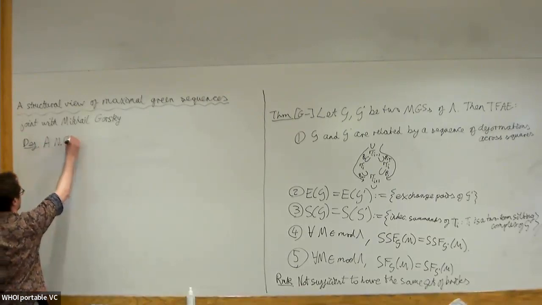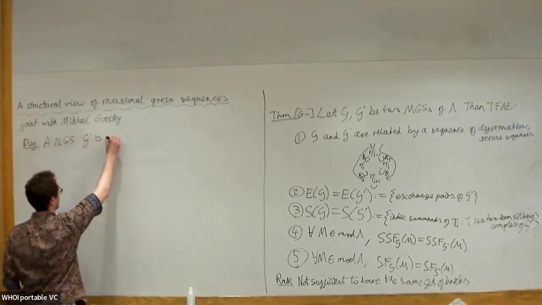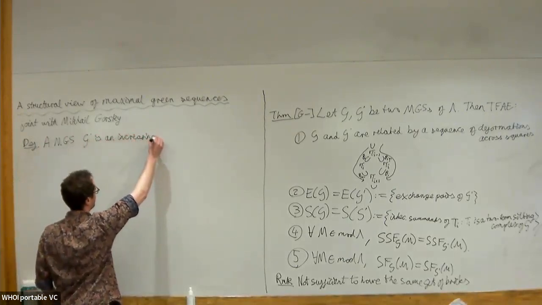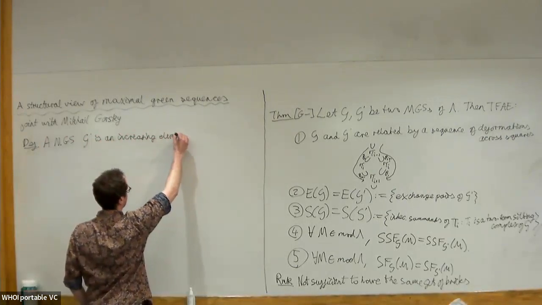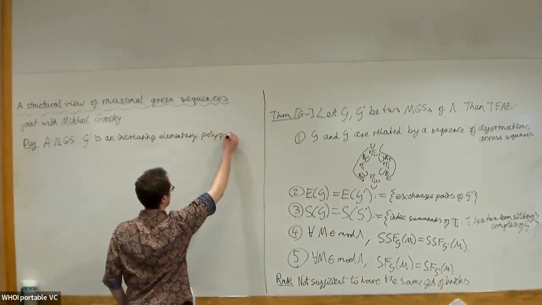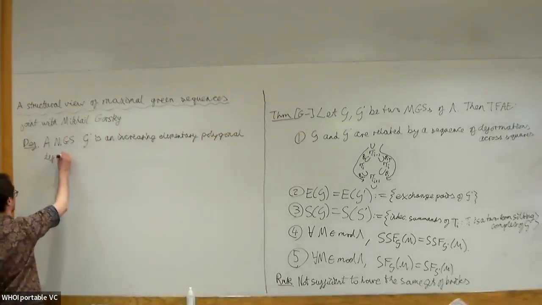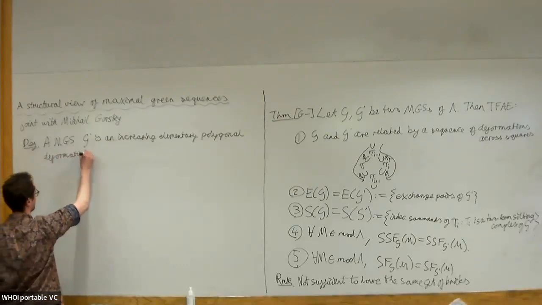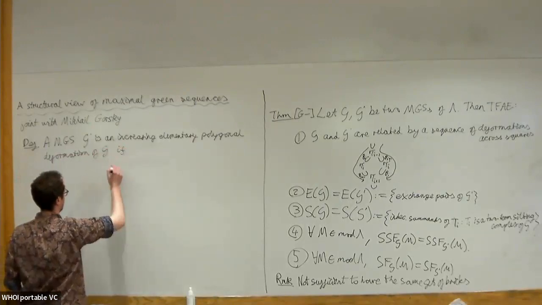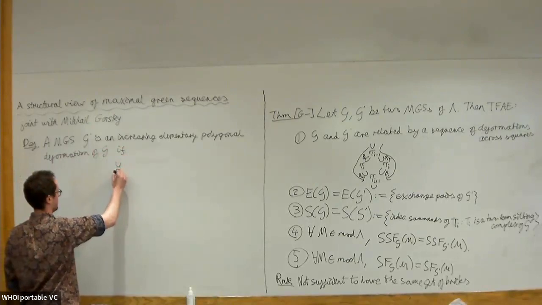A maximal green sequence G prime is what I call an increasing elementary polygon deformation of maximal green sequence G if we're in the following situation.